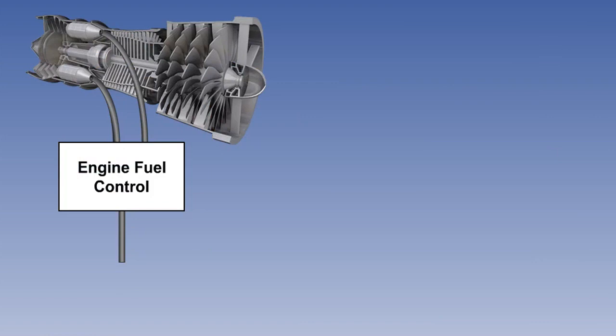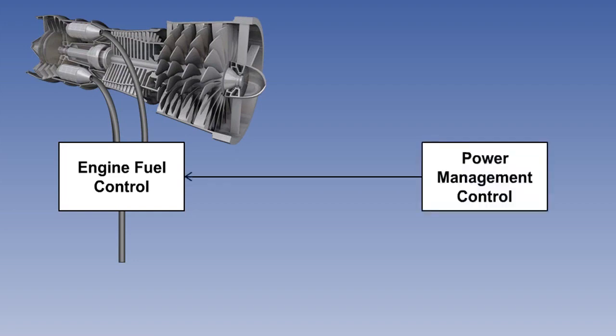With older generation aeroplanes, the engine fuel system supply would be controlled by a hydromechanical engine fuel control unit. More modern aeroplanes allow for electronic refinement of the fuel supply with a power management control unit. There is one unit per engine, and they have limited authority over the engine fuel control unit.